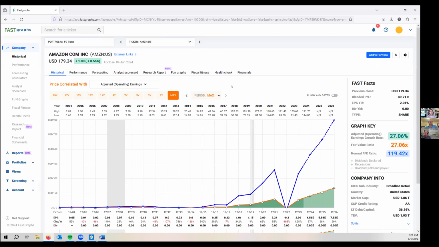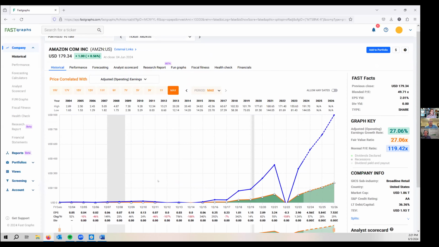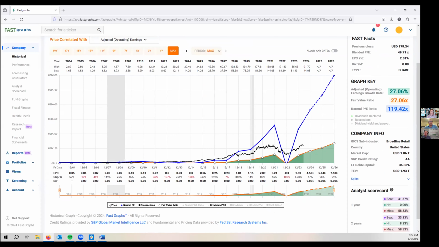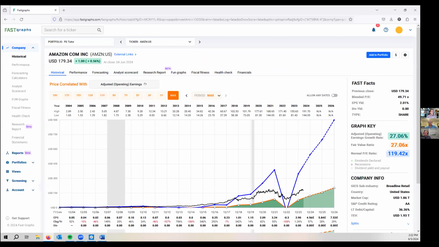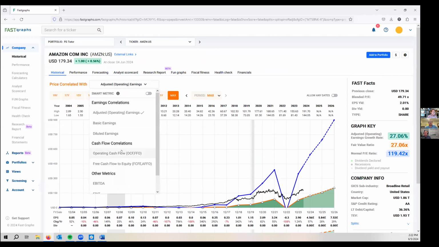So again, the main way I approach this question of which ratio to use: you can put the price line on here. The price line certainly tracks earnings at least somewhat, but I'm not sure how overall helpful that is to me.